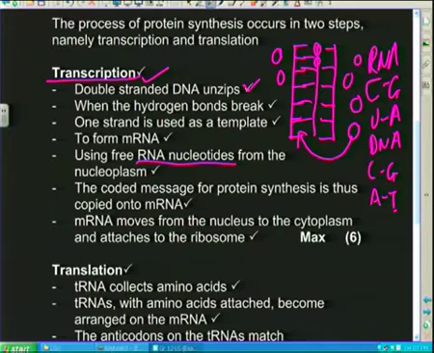All right, so let's have a look how it should have been said. The coded message for protein synthesis is thus copied onto the mRNA. This is the DNA. These might just be letters, but those letters, remember, transcription means a code. Making a code. The DNA has got how you make a protein.